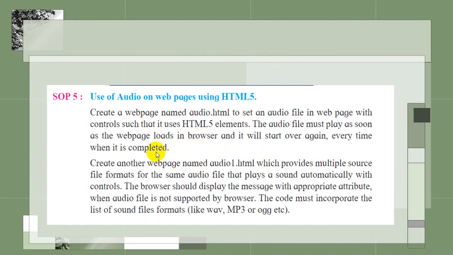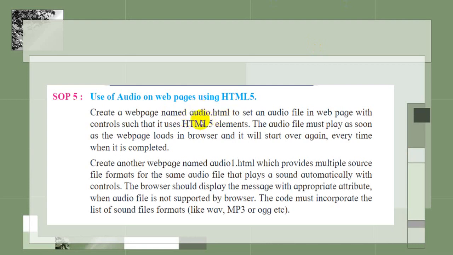We have two sections of this question. First read out the first section. We will try to solve the first section, then we will move to the second section. What the first section is saying: create a web page named audio.html. Students, please make sure that if the name is mentioned in your question, you create the file with that name only, because there are marks for that name.